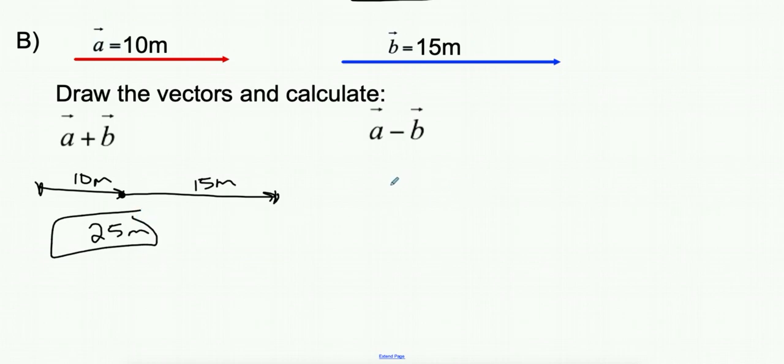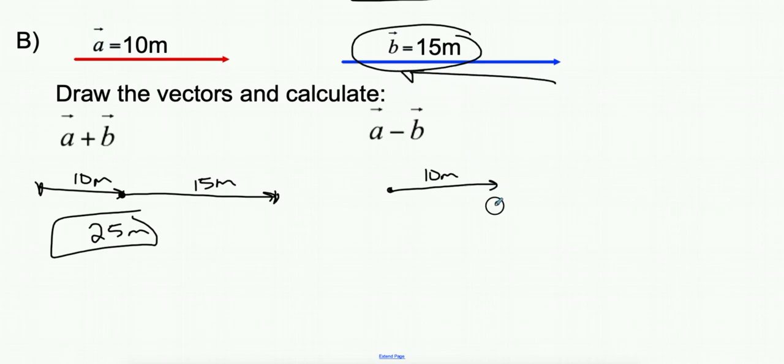Now the second one, doing tip to tail again. That's A, so it's 10 meters, minus B. So we take this, and we're doing a negative, so it flips to go that direction. Tip all the way to tail, so it's negative 15 meters. So my answer here would be negative 5 meters.